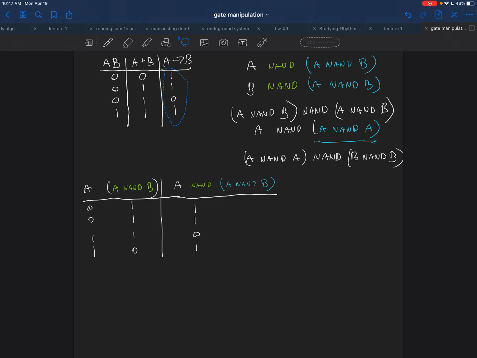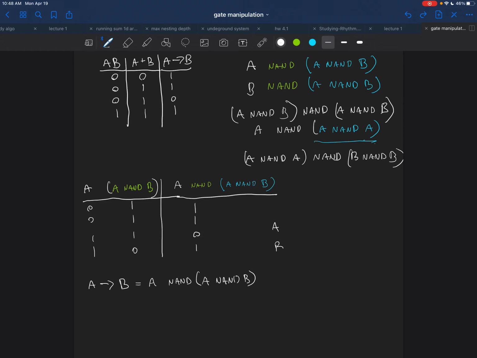Yes. Great. So we can say A implies B is equal to A NAND (A NAND B), which is very convoluted, but it is only using NAND gates. So that would look like, we work from the parentheses outwards.